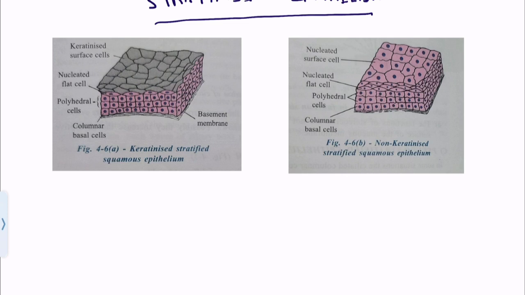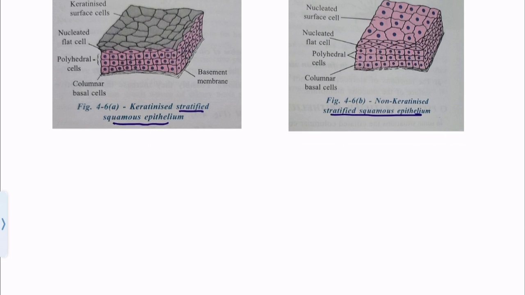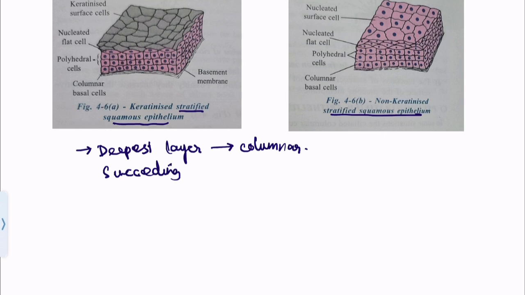Mainly, we can see that stratified squamous epithelium is present. What are the features? Deepest layer is columnar. I hope you know this information previously. Succeeding layers contain polyhedral cells.